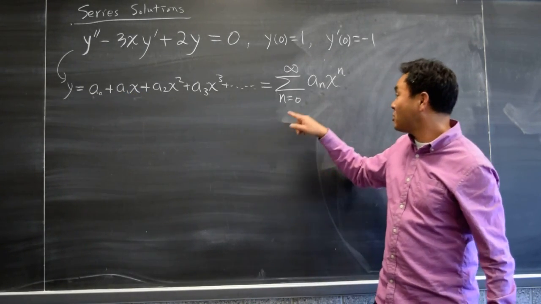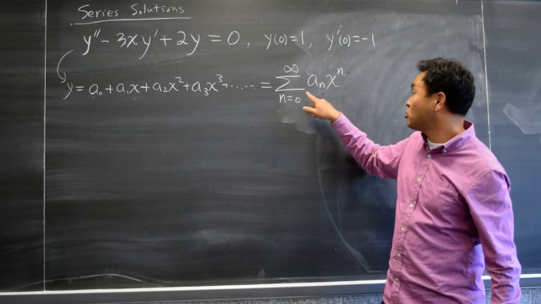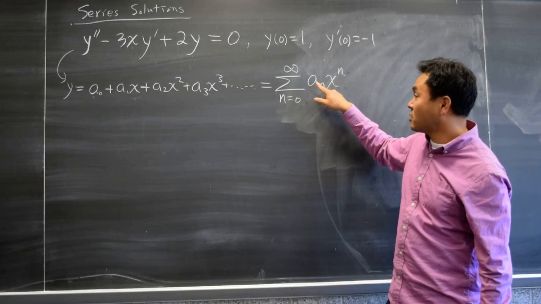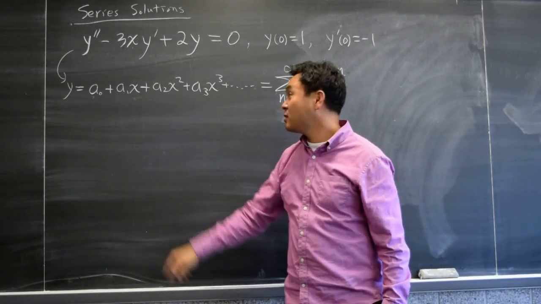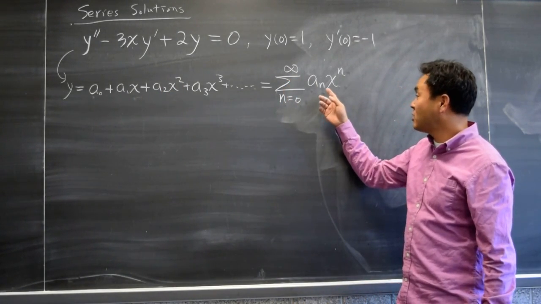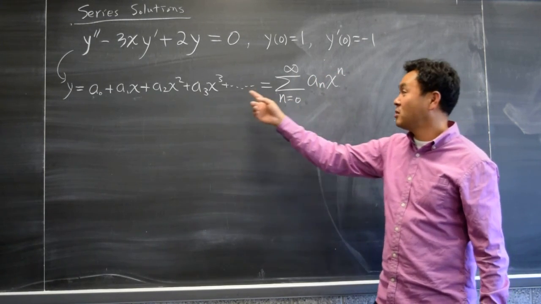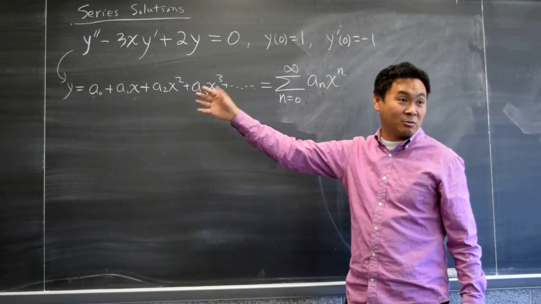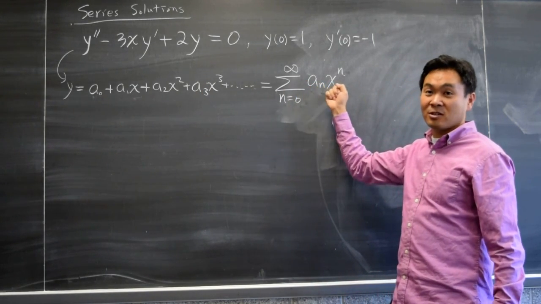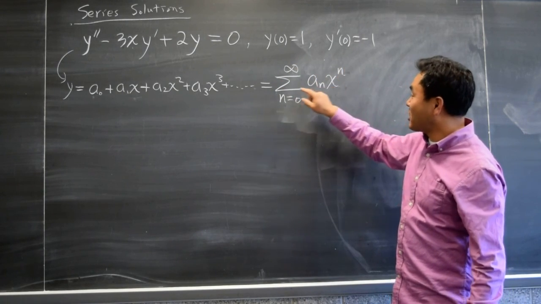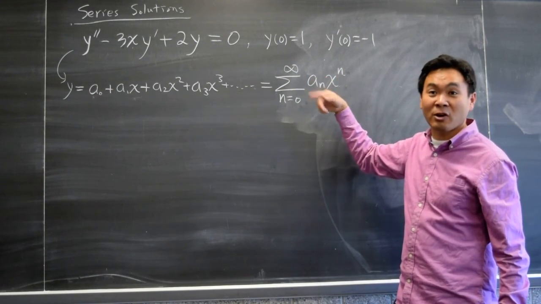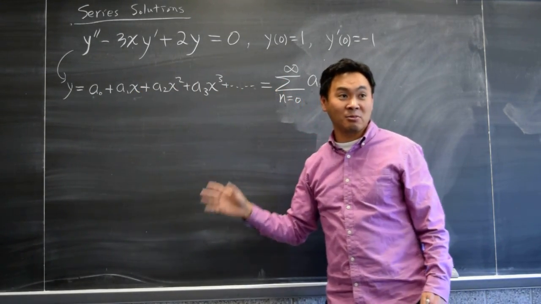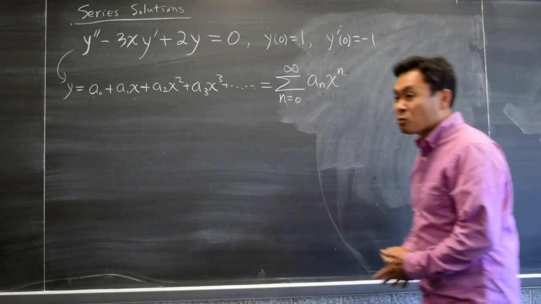And then the next number is 2, and it becomes a2 x squared. And then when n is 3, you get a3 x cubed. And this summation, sigma, means you're adding everything that's produced by this factory. It's like a factory that makes terms with various values of n. And this sigma means after you produce them, you have to add them. That's what it means.